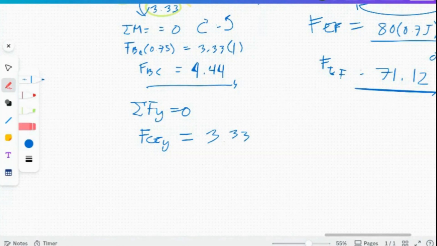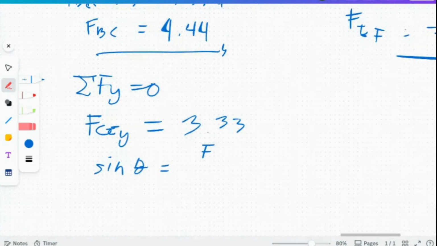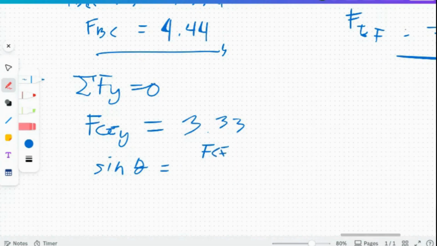For us to solve FCEy, we can use the sine relationship. Again, FCEy over FCE.